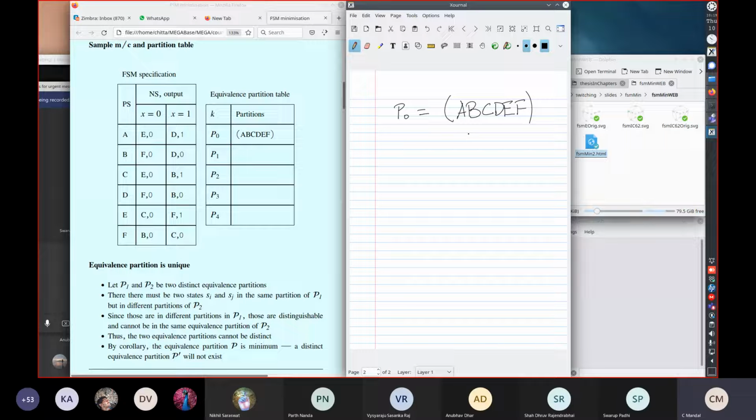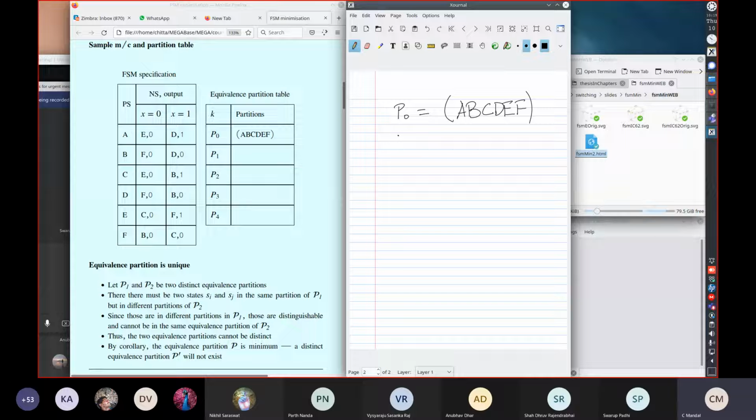Now we look for one-distinguishable sequences. That means, can we give a sequence of length 1 to distinguish?